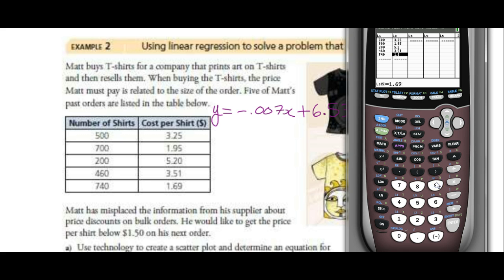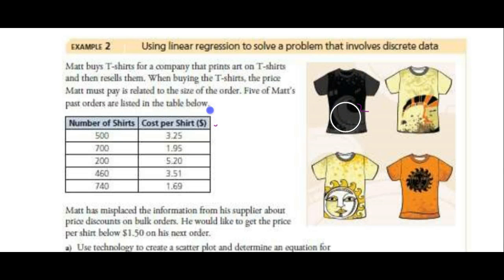Okay, and that's why you guys say, hey, numbers are off. Okay, so stat, calc, 4, y vars, enter, enter, enter, enter, enter. Better? Yeah. Okay. So negative 0.0065 and then 6.5. Okay, anyway, that's how you would write it out.